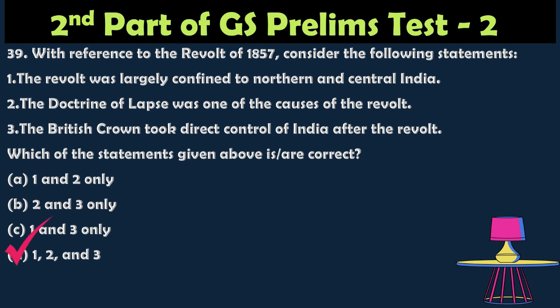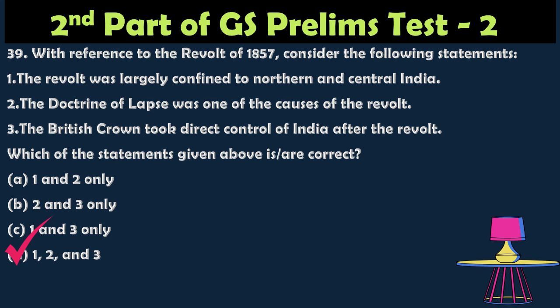The correct answer is all of the above, because the revolt was mainly concentrated in the north and central regions, that is Delhi, Kanpur, Lucknow, Jhansi. The southern and eastern regions remained largely unaffected. So statement 1 is correct. The doctrine of lapse was introduced by Dalhousie, and was the main cause of the annexation of several princely states.